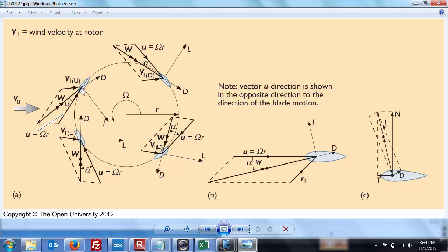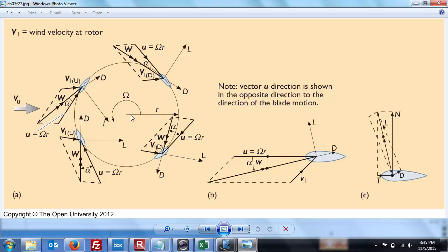So here it comes, obviously spinning this direction, and let's just look in each case. So here's U on the top left, here's U on the top right, here's U on the bottom right, and here is U on the bottom left. In each case, U is the same length. It's always the same length because R hasn't changed.